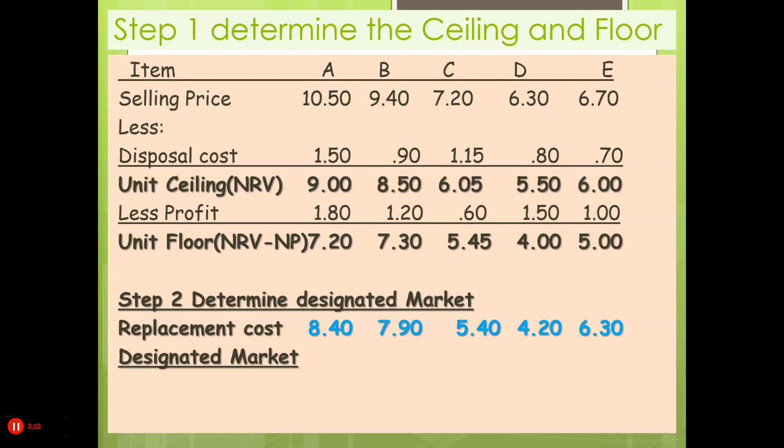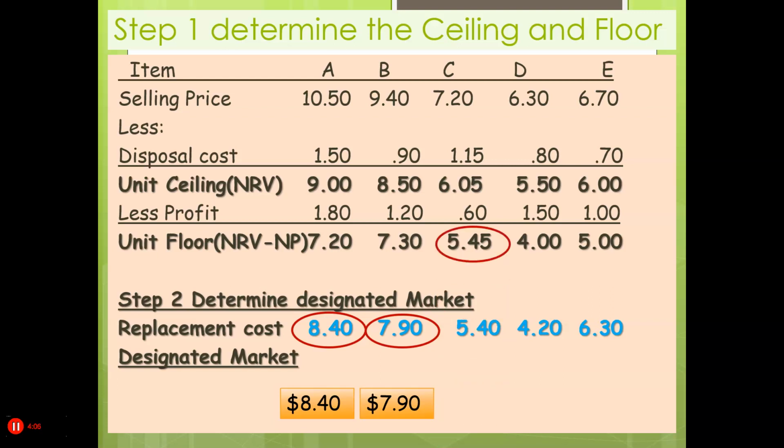For product A, it does, so we use the $8.40. For product B, it does, so we're going to use that. For product C, it does not, so we have to use the floor. For product D, it does, so we're going to use that. But for product E, it's too high, so we have to use the ceiling.